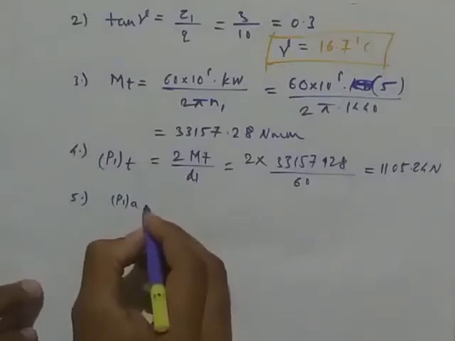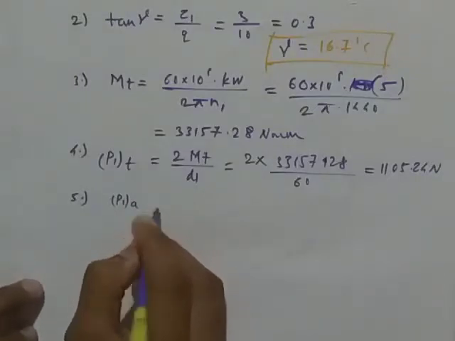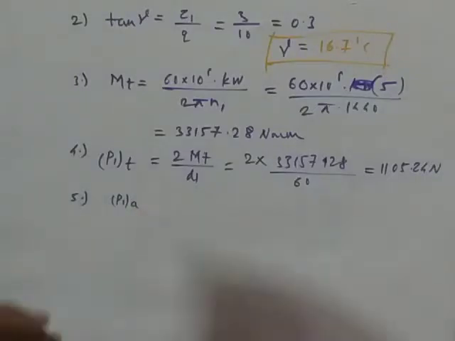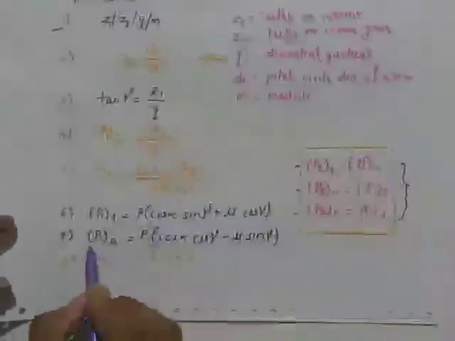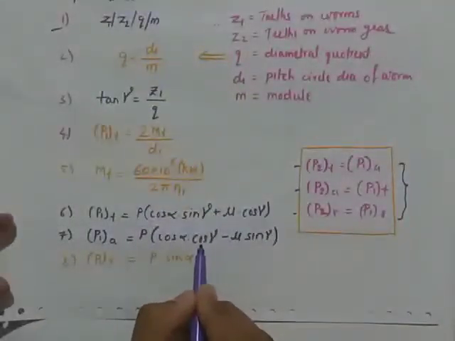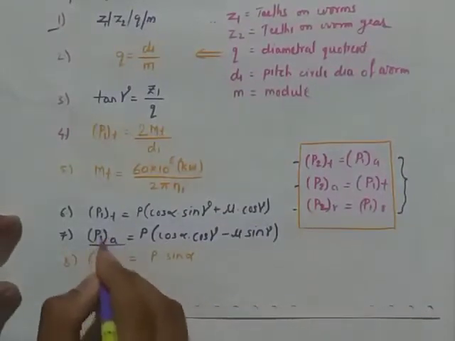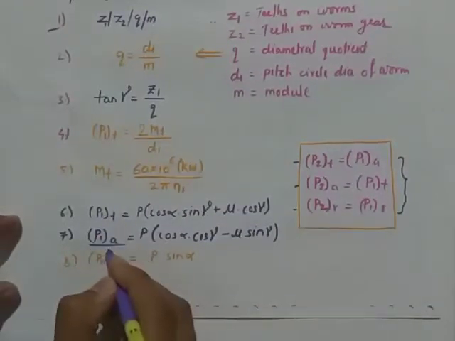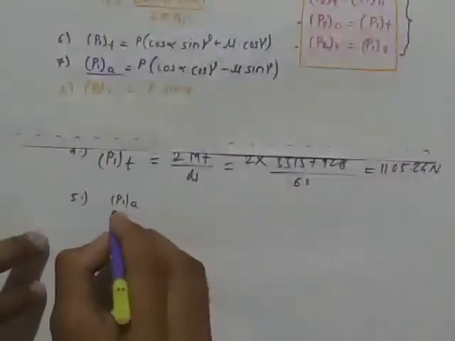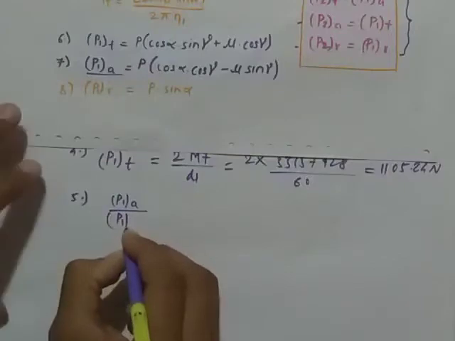Now for finding out P1A, we have to take the ratio of this equation. So we have P1A is equal to P cos of alpha into cos of... So when we consider P1A upon P1T, that means this ratio.